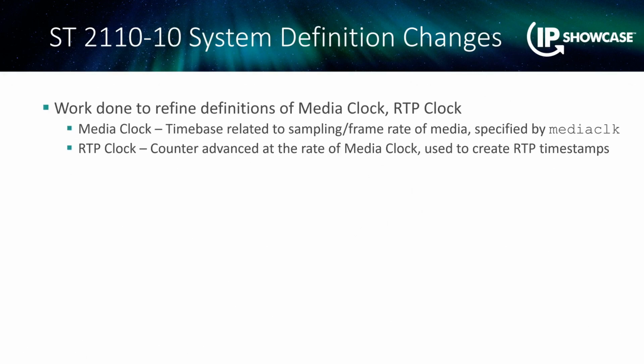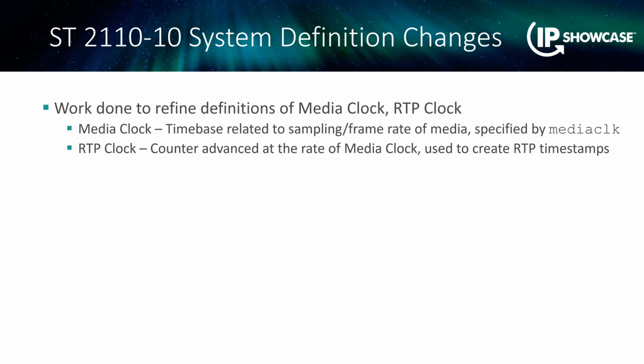So 2110-10, system definition changes. The first thing that we did, and we actually spent a fair amount of time on this, is we did a lot of work to streamline and make more accurate the definitions of some of the clocks that are used within the standard today.